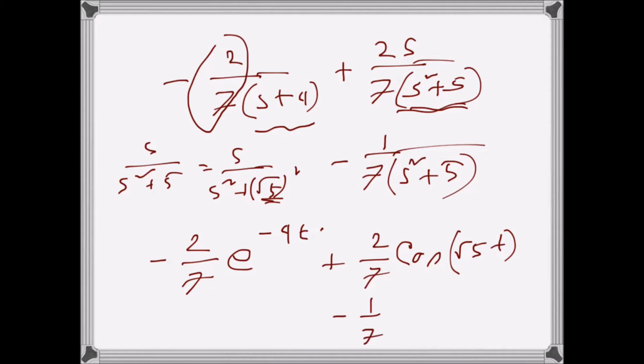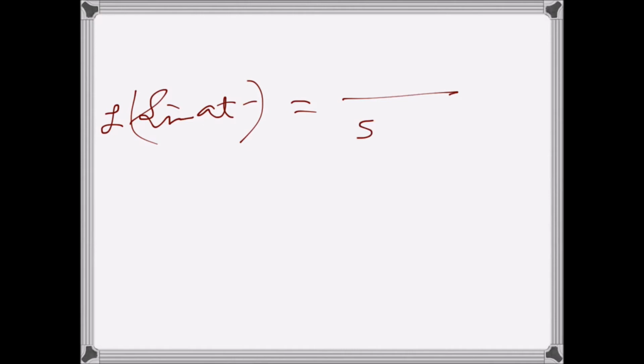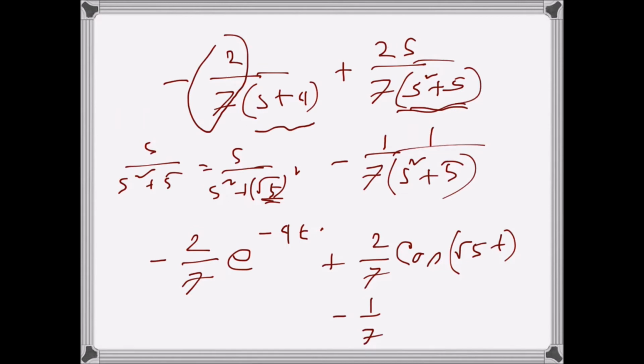7. But when we look at this one, there's a 1 there. So if we recall the Laplace transformation of sine of at, that one is a over s square plus a square, with a on top. Now we have here s square plus square root of 5 squared, but it has to have a square root of 5 on top as well.